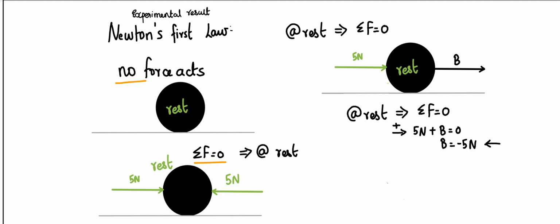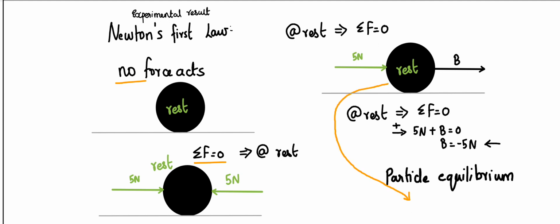This is the important conclusion I come up with. Another important thing I would like to state here is particle equilibrium. In this body I didn't consider anything about the shape of the body. I didn't consider that as a parameter in solving this problem. So I can assume this whole body as a particle and draw the free body diagram to get the same solution.